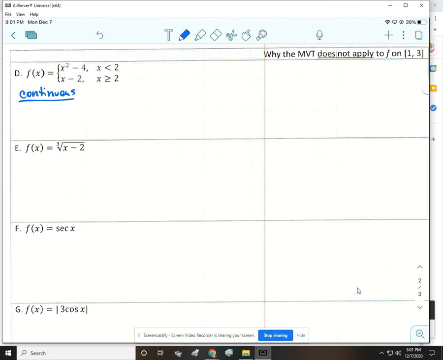All right, so for the function to be continuous, the limit as x approaches 2 from the left of f of x must equal the limit as x approaches 2 from the right of f of x. And to decide that, we'll just take 2 and plug it in to both of the functions.